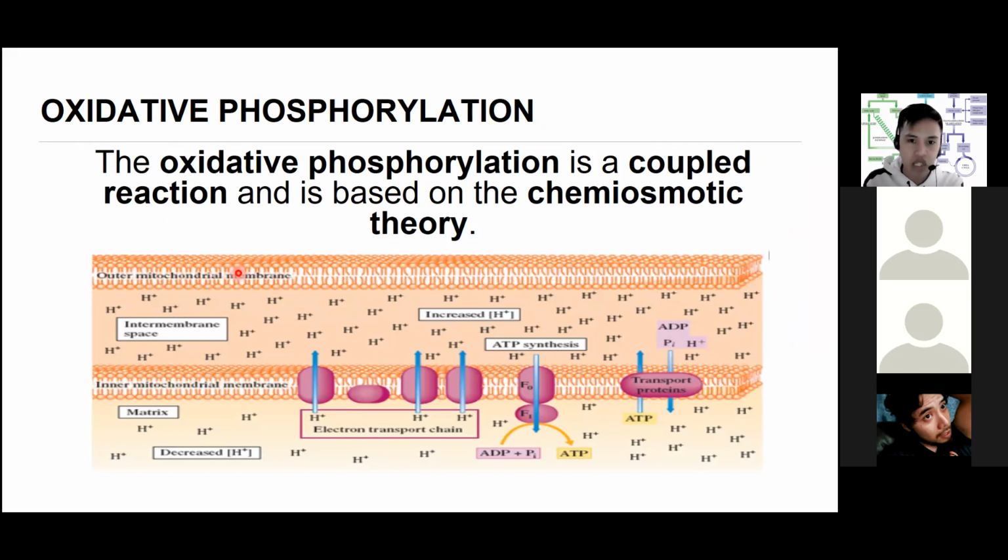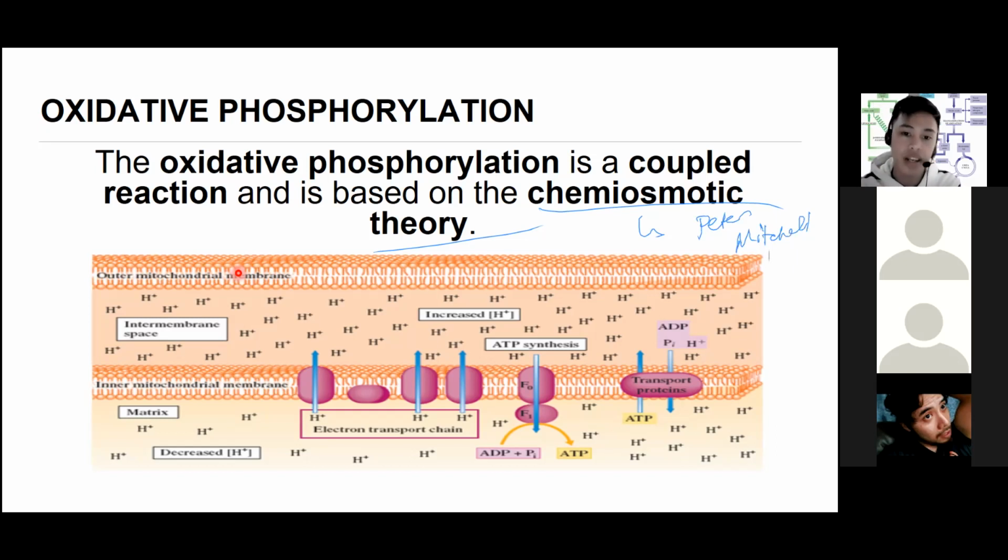Oxidative phosphorylation, class, is based on a theory we call the chemiosmotic theory. This was first elucidated by Peter Mitchell. So the biochemist who first elucidated the chemiosmotic theory is Peter Mitchell.